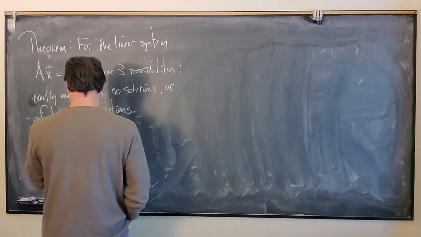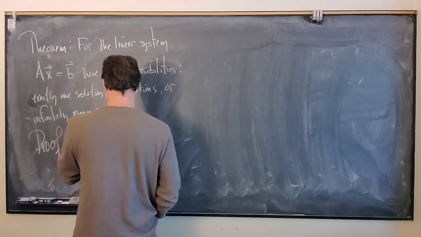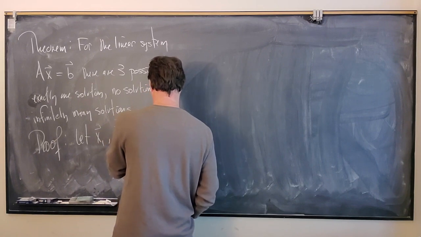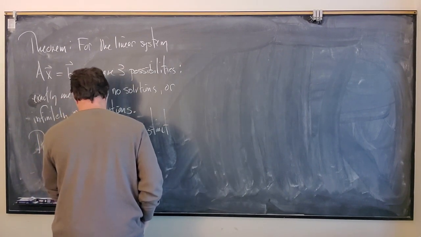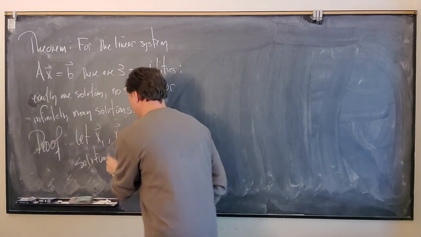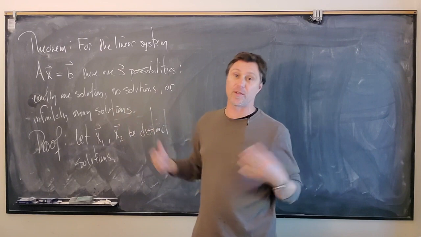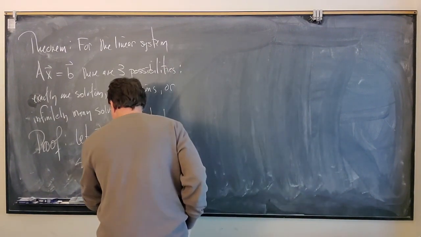So let x1 and x2 be distinct solutions. What we want to do is show that if there are two distinct solutions, then there's actually infinitely many solutions.